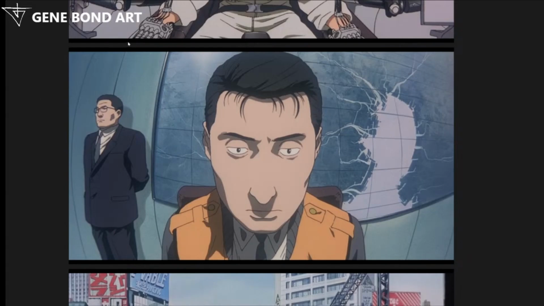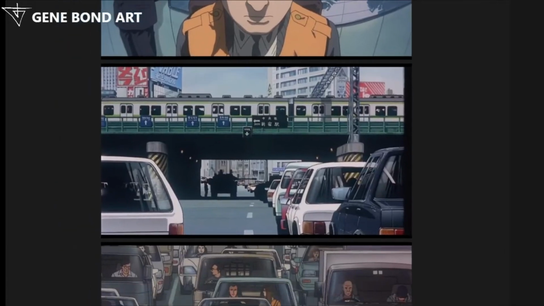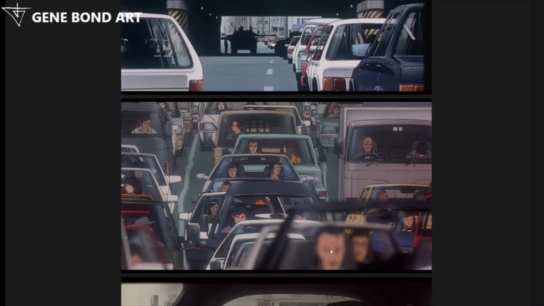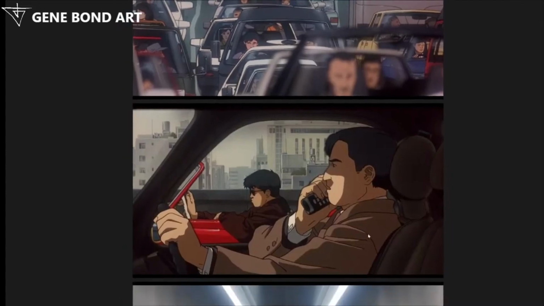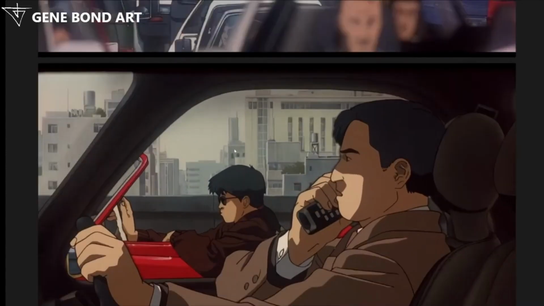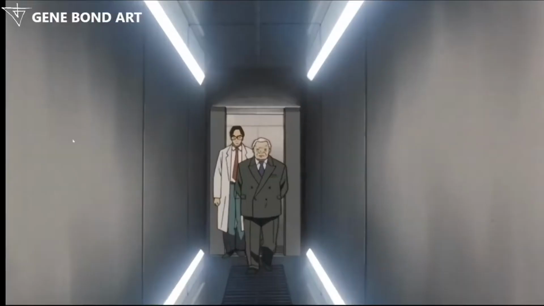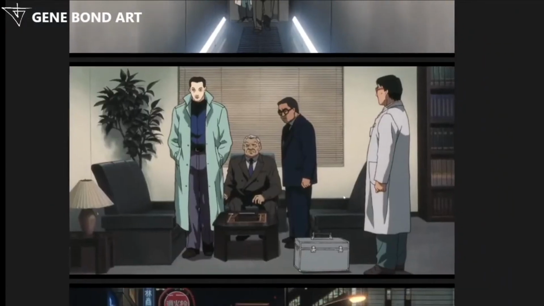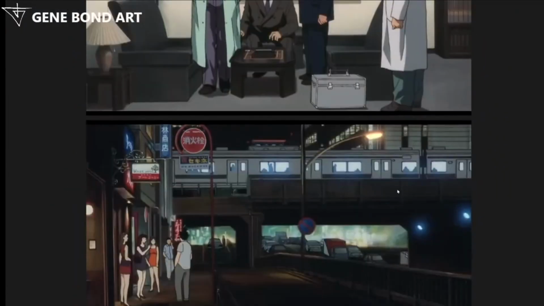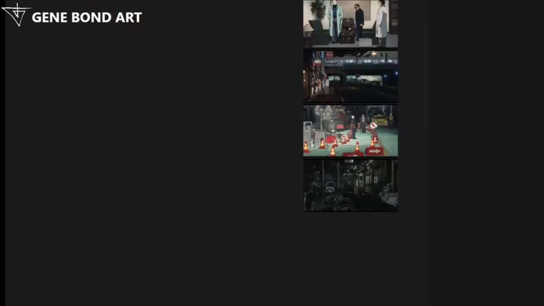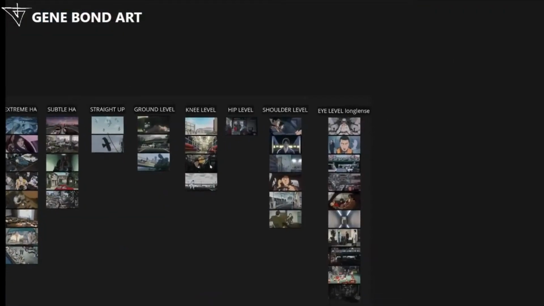Then we have this curved y axis and curved x axis. So here is about his eye level. Here, so the eye level of this guy.